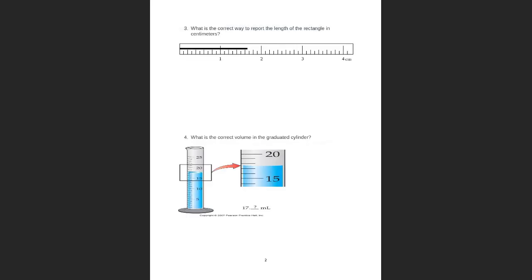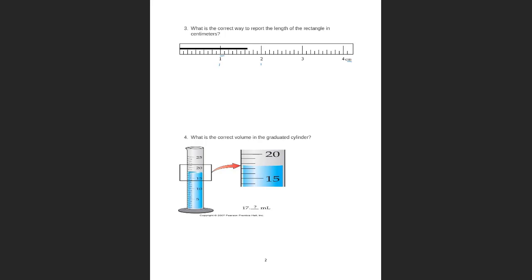Awesome. Okay, now let's see if you can tell me the correct way to report the length of the rectangle in centimeters. If I'm using this ruler, it's measuring in centimeters. So the first thing I have to do is look at the smallest marking. I will say this is a 1, this is a 2. How many are there, 1, 2, 3, 4, 5, 6, 7, 8, 9, 10? So between two markings, what does it represent?